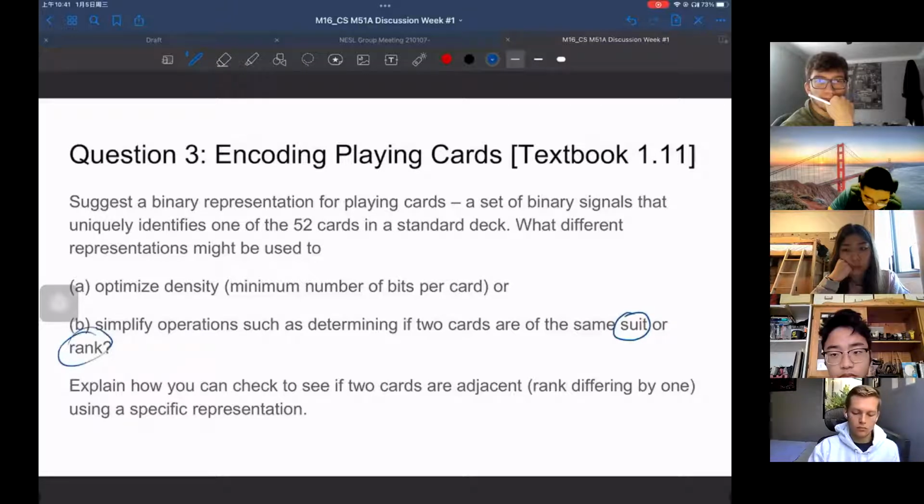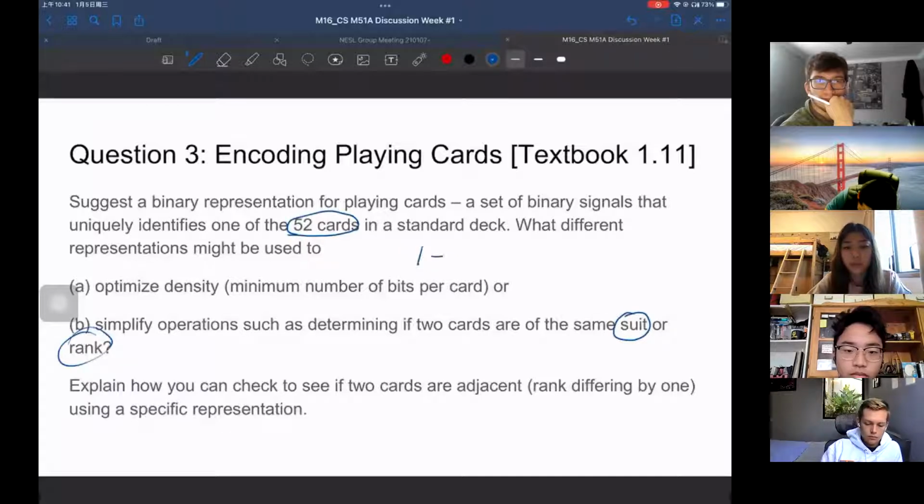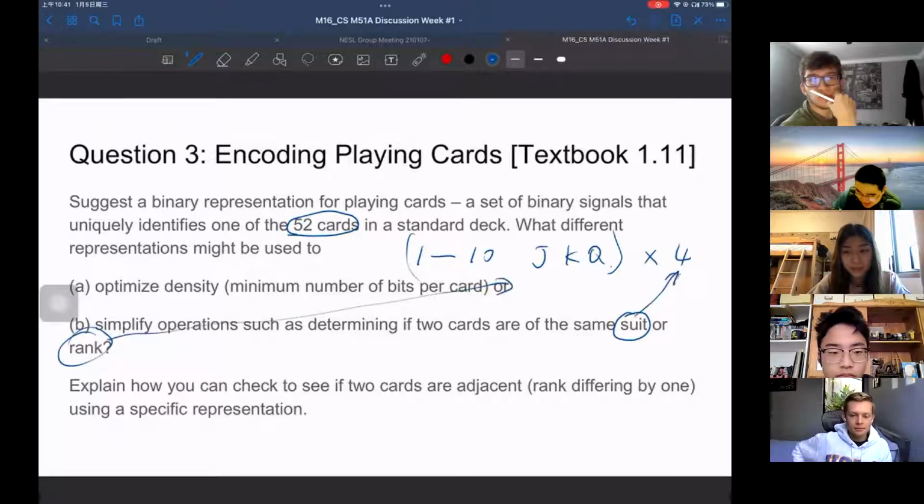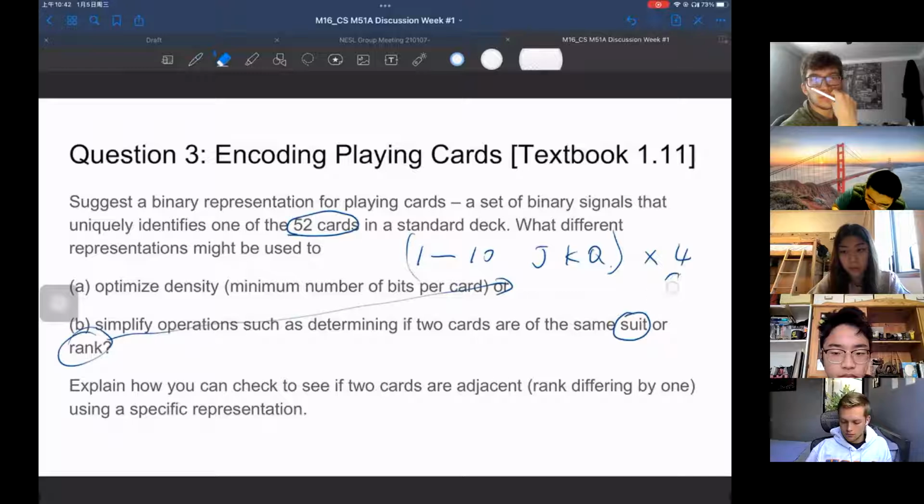I'm only considering 52 cards: 1 to 10 plus J, Q, K. That's 13 different cards. And we have 4 different types: the spade, the heart, the diamond, and the club. The number is called the rank, and the 4 sets are called the 4 suits.